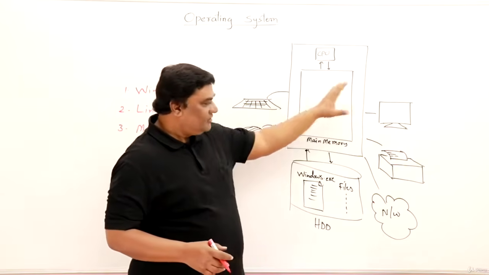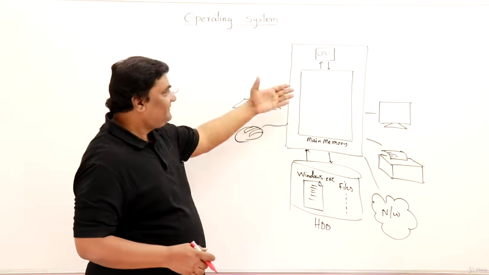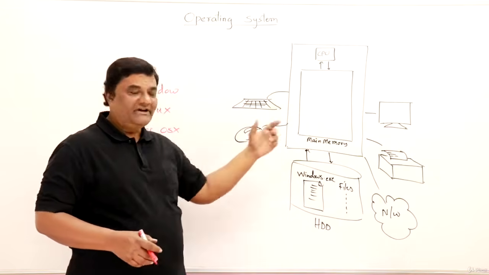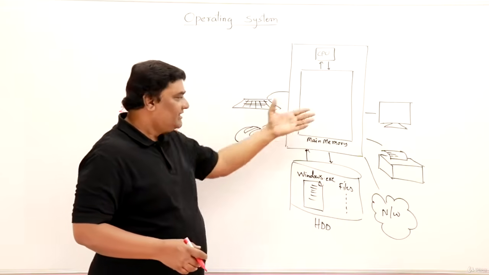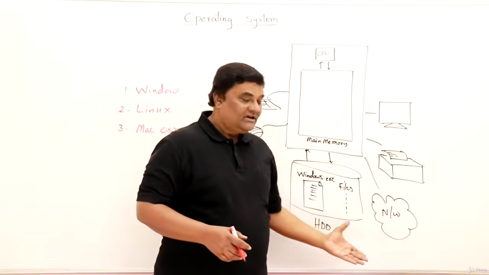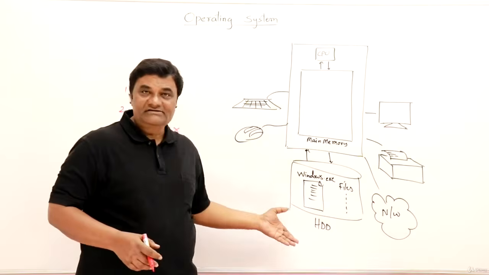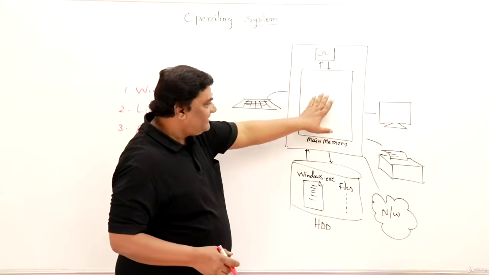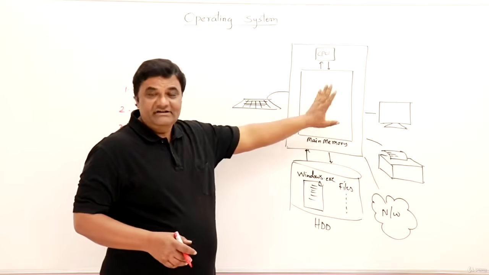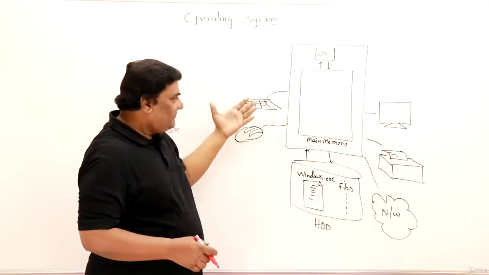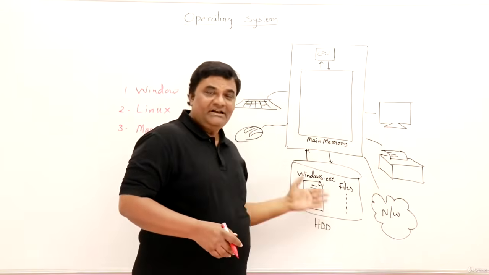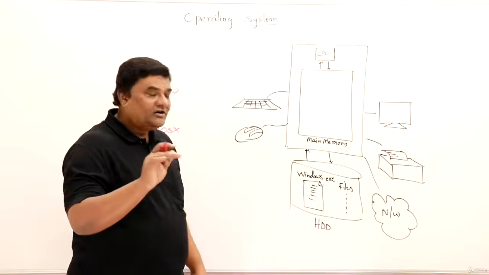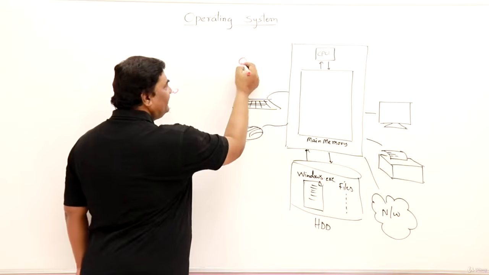See, these are the components in a computer system. Like we have already seen, the CPU and the main memory, then the input and output devices. So I am showing keyboard, mouse, monitor, printer and network, and majorly hard disk. Now, the programs running inside the main memory may require these peripherals or the resources of your computer system. Let us draw a user also here.